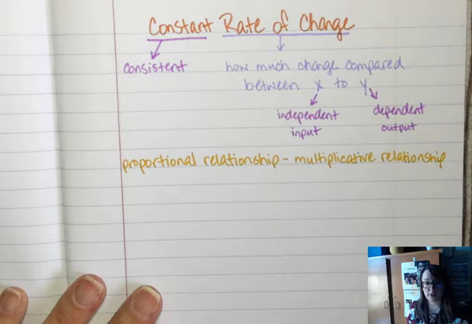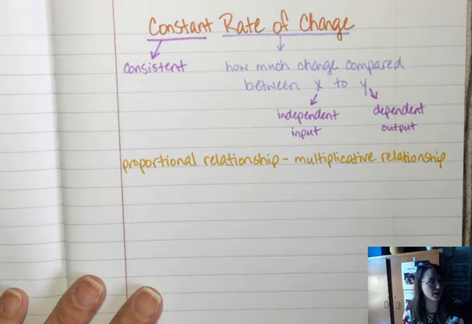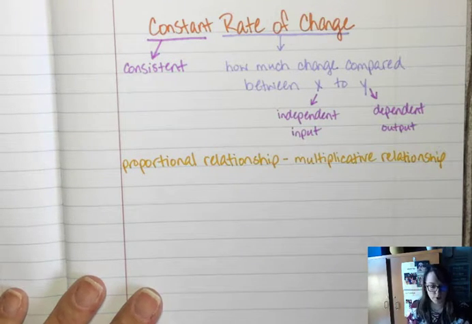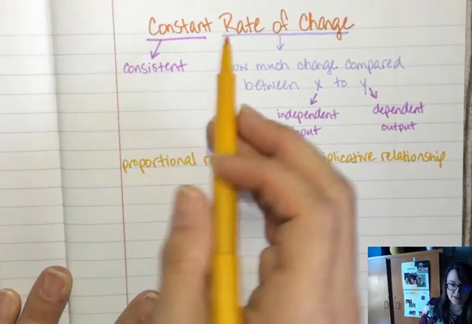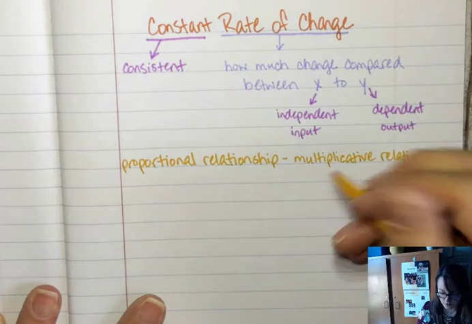In a proportional relationship, you're multiplying by something. It's a unit rate. You buy 1 gallon and it's $5. So if you buy 2 gallons, it's $10. And 3 gallons is $15 because we're multiplying. There is a constant rate of change because the unit rate doesn't change.